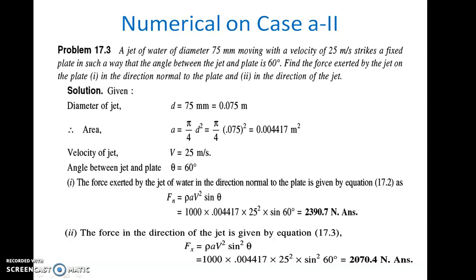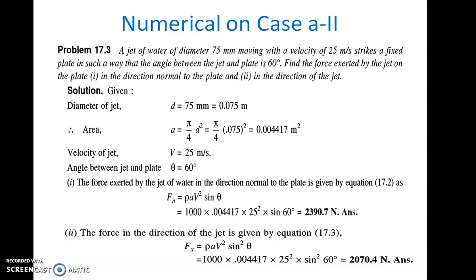It's a very straightforward formula. Diameter is given as 0.075 meter, area you can calculate as pi by 4 d square, velocity of the jet is 25 meter per second, and the angle between the jet and the plate is given as theta equal to 60 degrees. Sometimes the angle is given between the jet and the normal to the plate, so you have to take care.